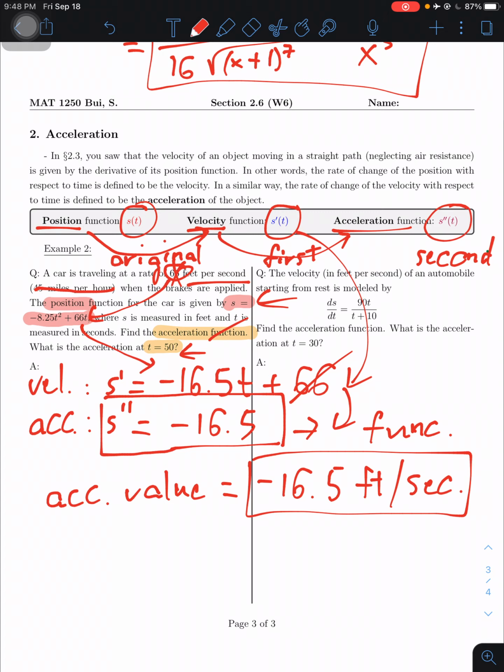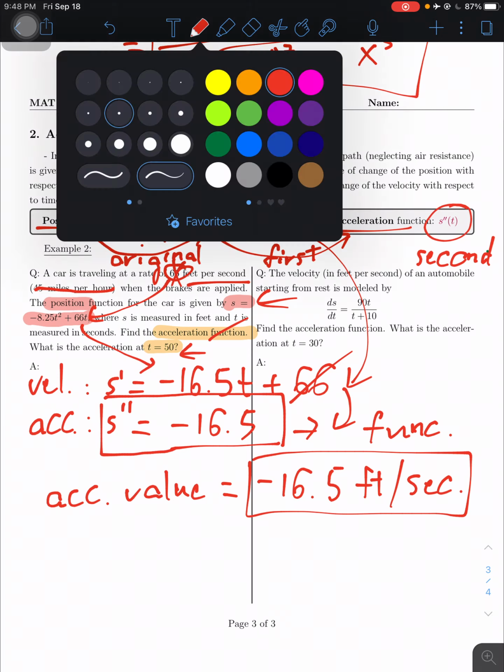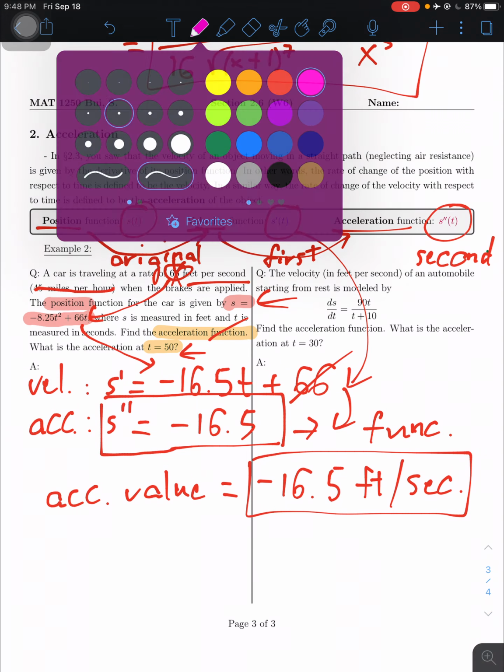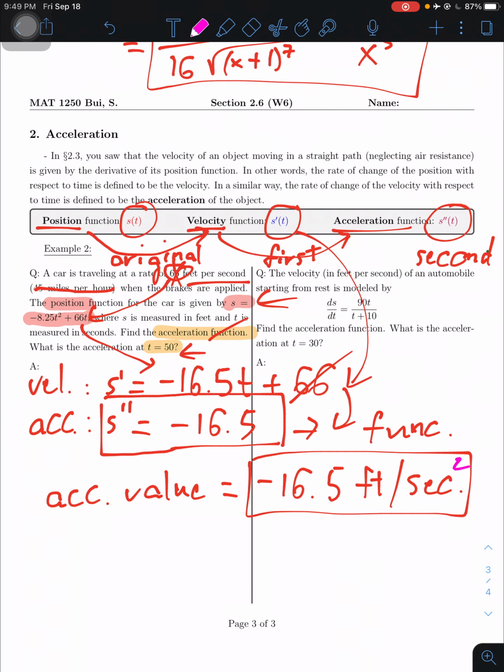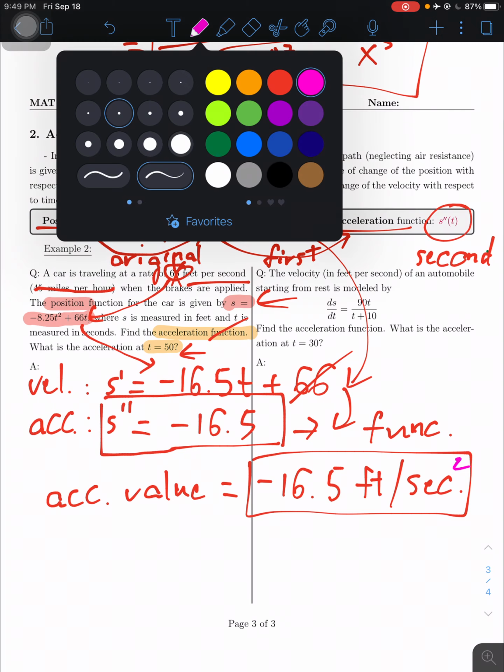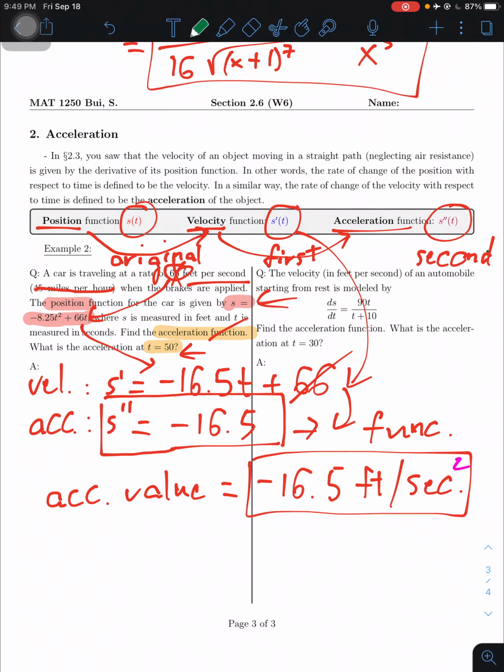Before I call it a day, just a quick note about the unit here, because this one is meant to be squared on the second, and I'm going to tell you why this is a big deal. Make sure in the test you get the unit right, because I didn't in the past, and I learned from that mistake.